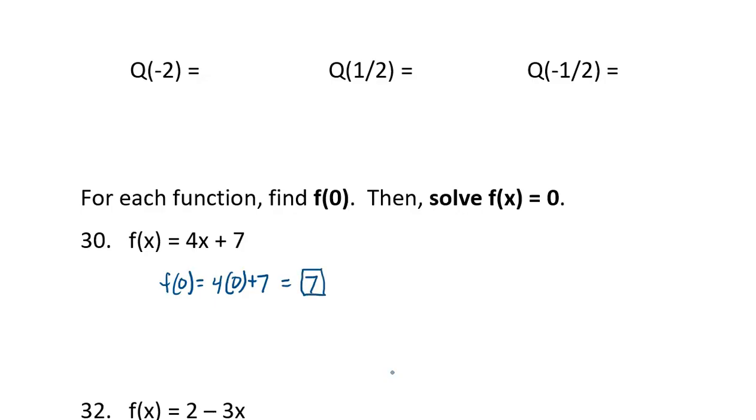Now the second thing you're asked to do is solve the equation f of x equals 0. That means to write 4x plus 7 is equal to 0. And then once you have that equation, solve it. So subtract 7 from both sides and then divide by 4. And you discover that when the function is equal to 0, that meant that x had to be negative 7/4.